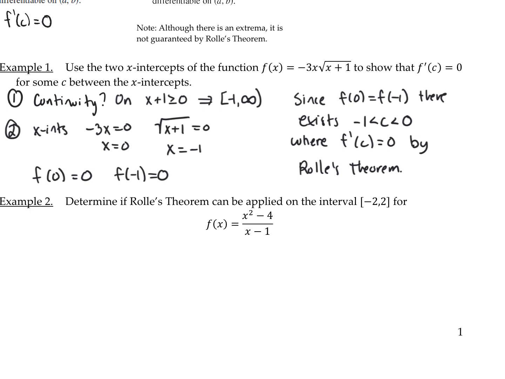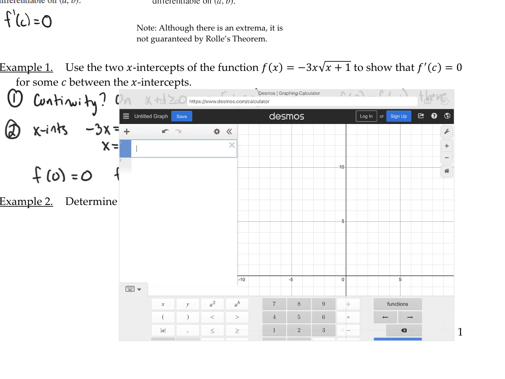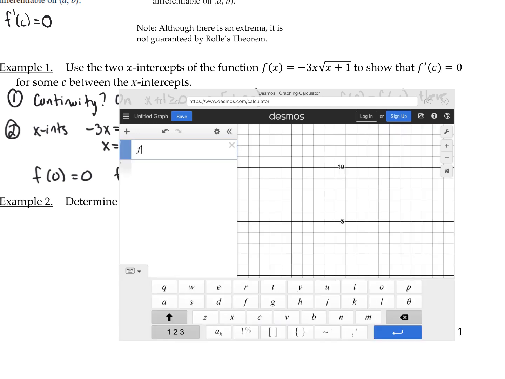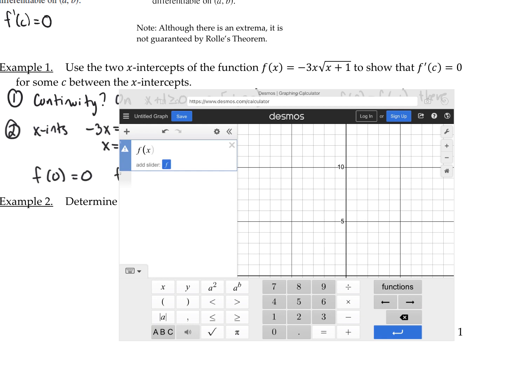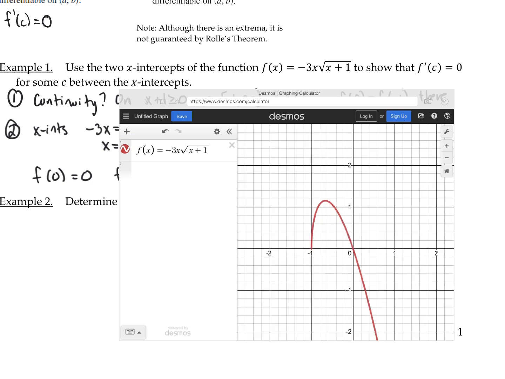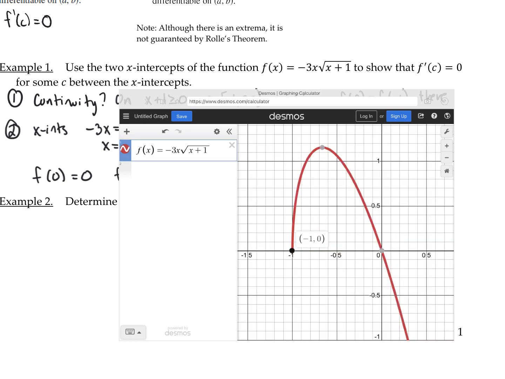We're going to check in Desmos to see if this makes sense. Let's start by typing in our function, and we'll use function notation so that we can also do the derivative command. So -3x square root x plus 1. We can pretty clearly see that that does have x-intercepts where we said, -1 and 0.